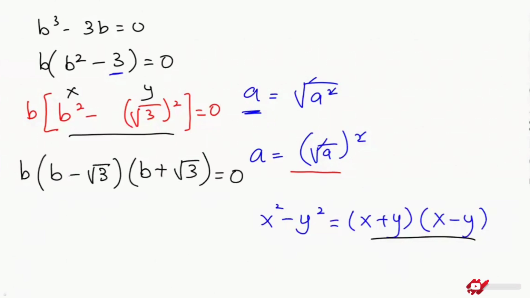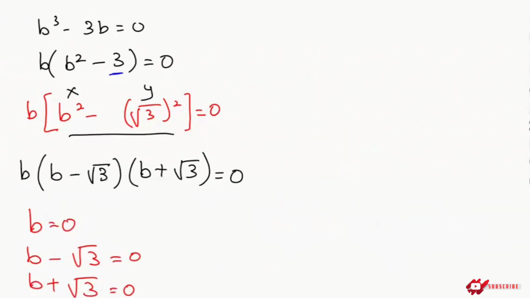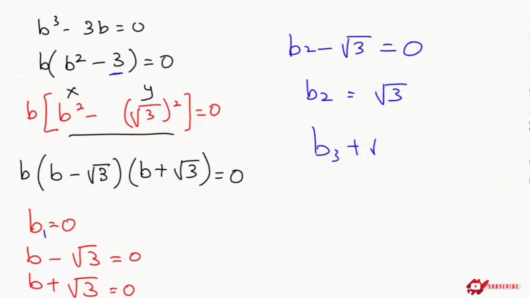So here we will get b is equal to 0, and b minus root 3 is equal to 0, and b plus root 3 is equal to 0. So here we get the b1 value, and I'm going to find the b2 value. b minus root 3 is equal to 0, so b2 is equal to positive root 3. And here b3: b plus root 3 is equal to 0, so b is equal to minus root 3.